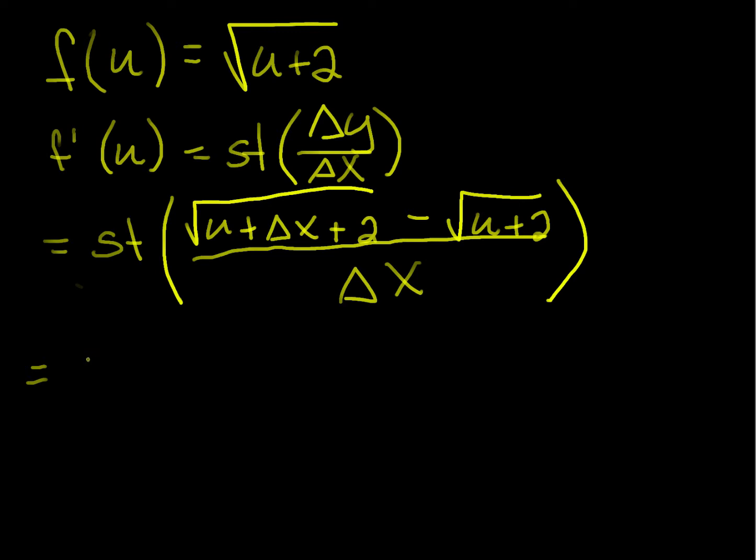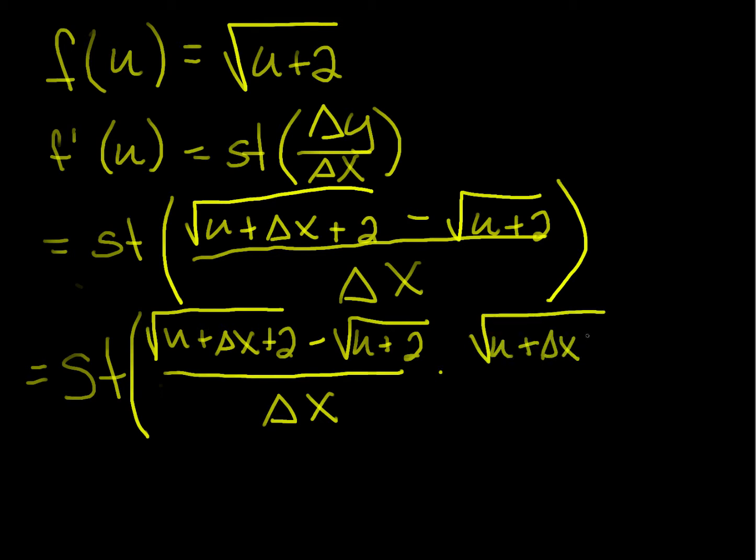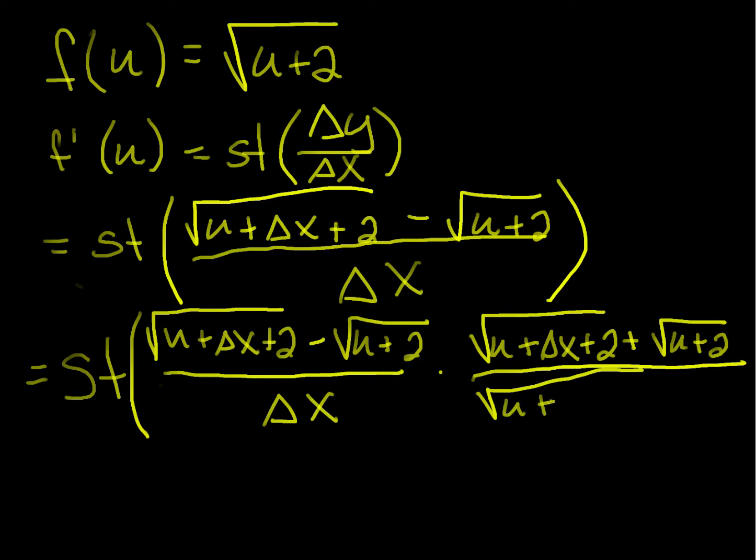So this is equal to the standard part of the square root of u plus delta x plus 2 minus the square root of u plus 2, still all over delta x, but now we'll multiply by the conjugate: the square root of u plus delta x plus 2 plus the square root of u plus 2, and we'll write this again in the denominator, so we're actually multiplying by 1.